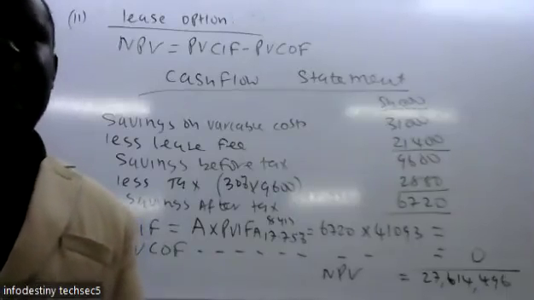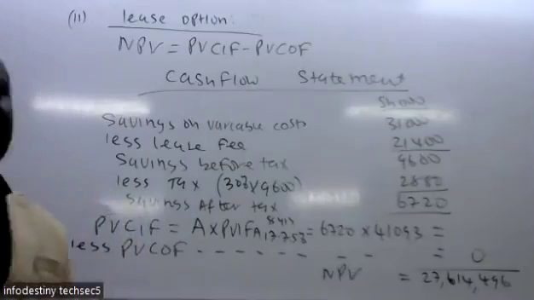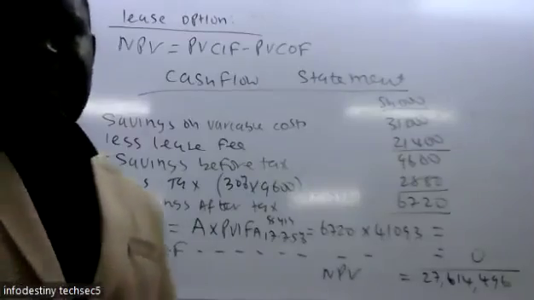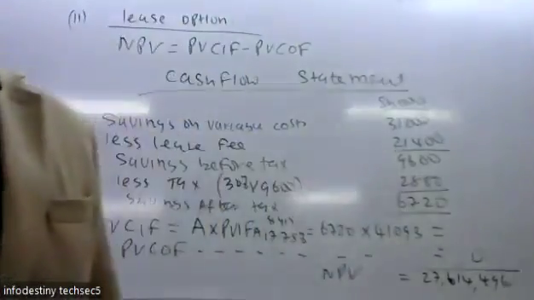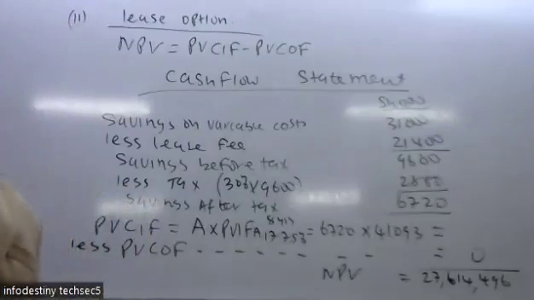That's now our Roman letter 3. Select the lease since it has a higher NPV.